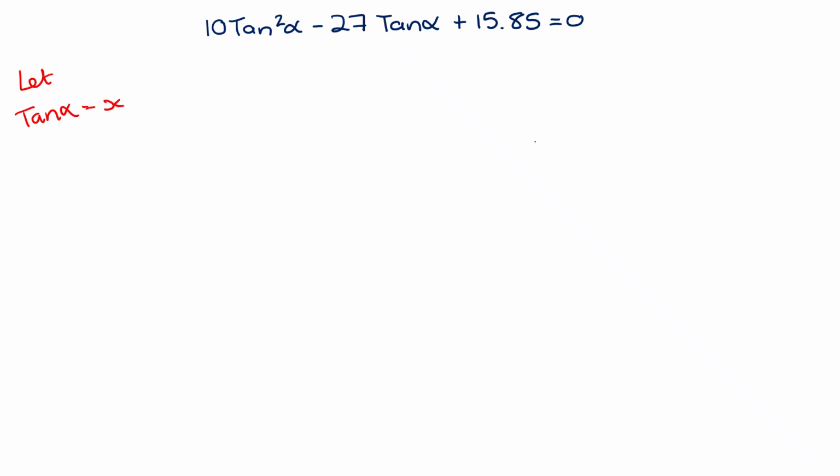Sorry, let me write it up again, I forgot my 10 at the end of that. So tan squared minus 27 tan alpha plus 15.85 equals 0. So we're going to let tan alpha equals x. You can see what I mean.